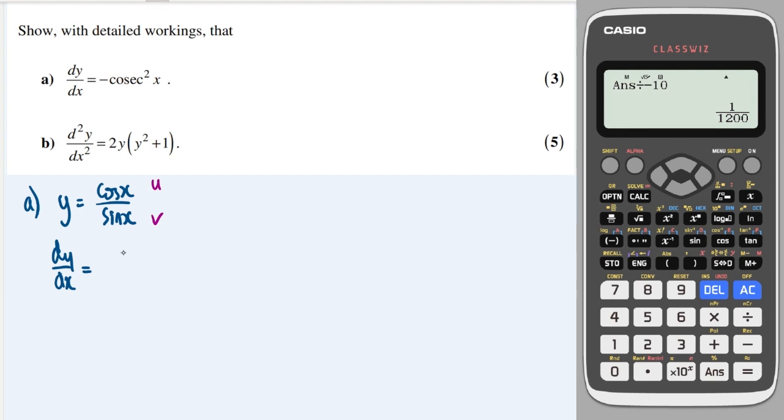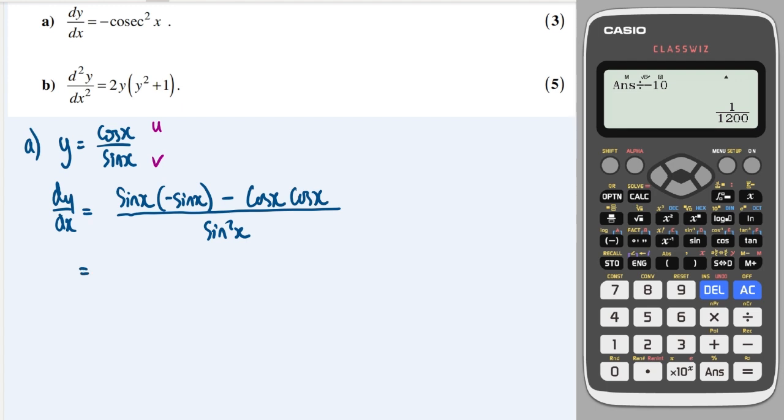So we start with v, multiplied by du/dx, and cos x differentiates to -sin x. And then there's always a minus in between, and we start with u, and then multiply it by the derivative of v, which is cos x. And that's all over v squared, which is sine squared.